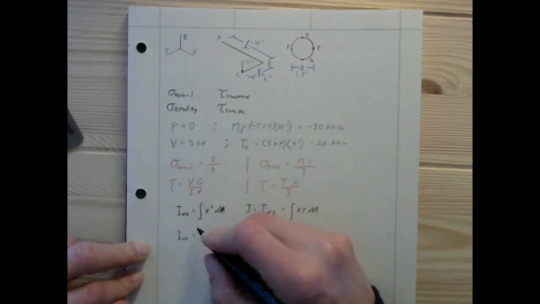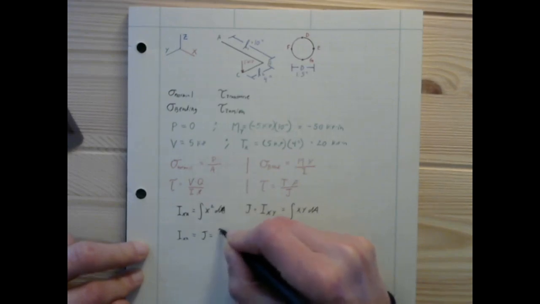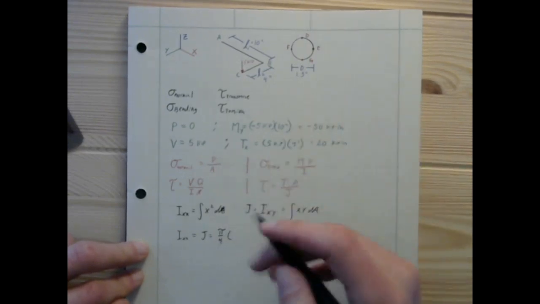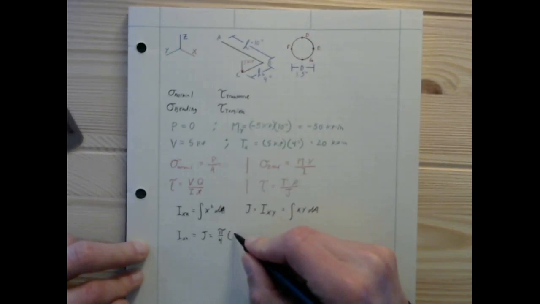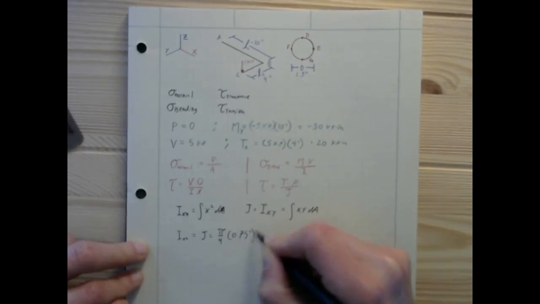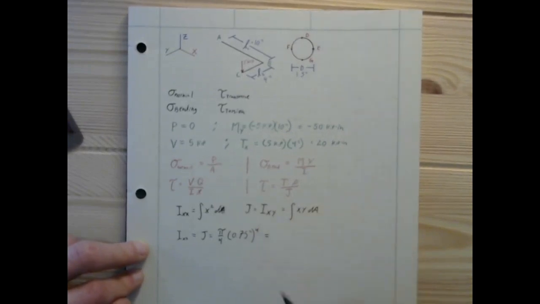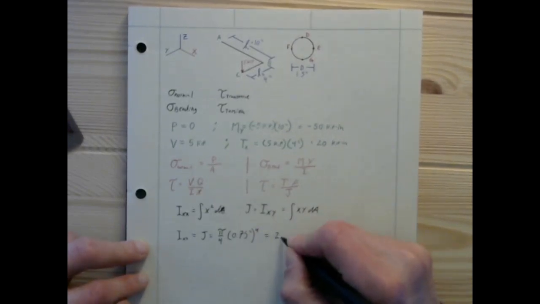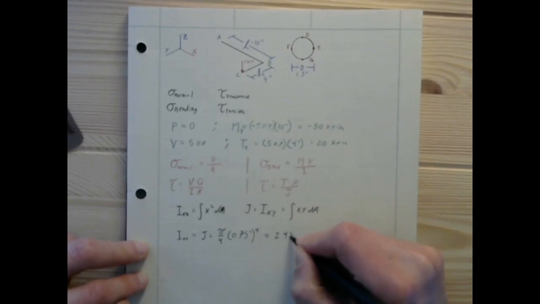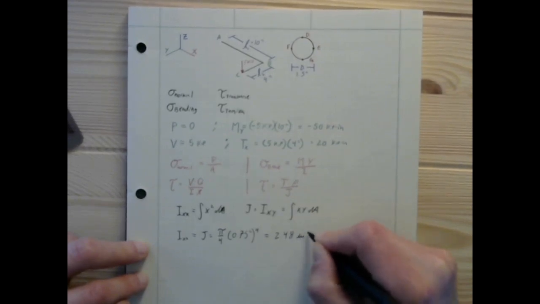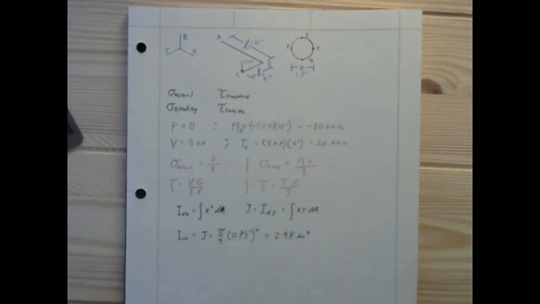So J is going to be equal to pi over 4 times our radius to the fourth, which is 0.75 inches to the fourth. That's something that I don't have memorized, about 0.248 inches to the fourth.